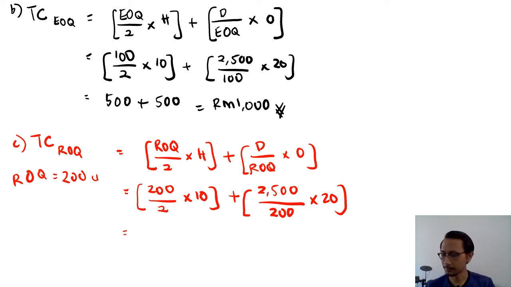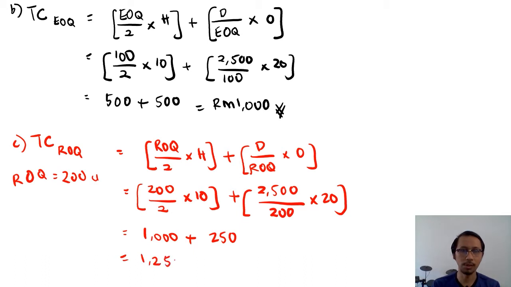Now let's calculate. For holding cost, you have 1,000 ringgit, and for ordering cost, you have 250. So in total, you have 1,250 ringgit.